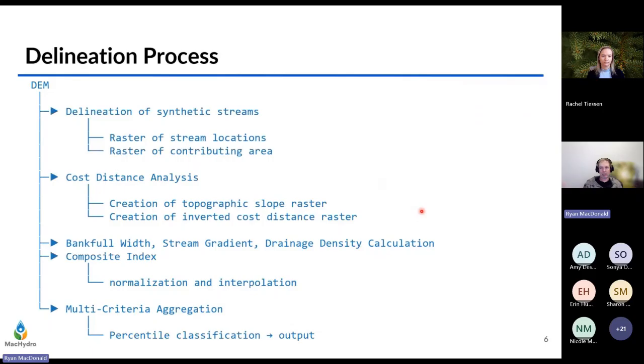So then we created this cost distance raster, which is used in a bunch of calculations. We then calculate things like bankfull width, stream gradient, and drainage density. These are all used as a cumulative input to derive this composite index. The reason why we use bankfull width is it's a really good surrogate for the energy within the stream.